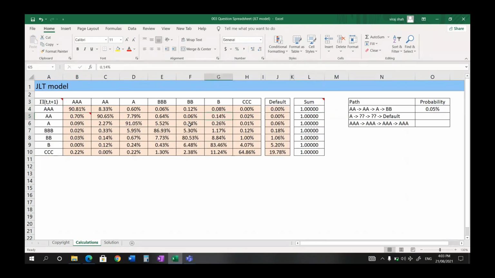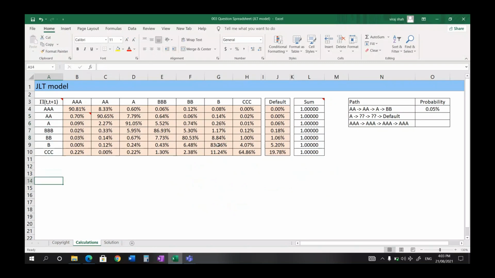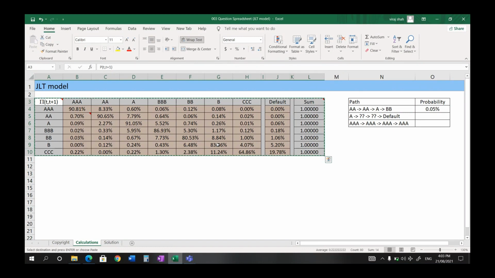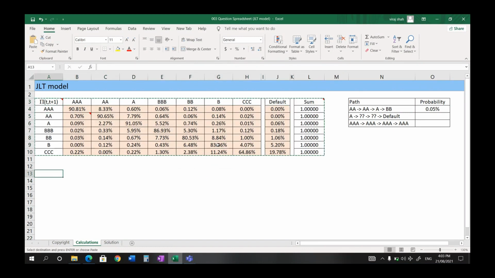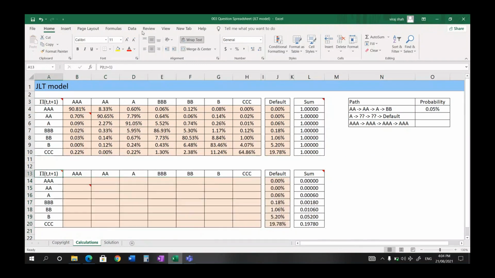Okay, so cool. Now this is your matrix multiplication, you have to matrix multiply for pi 2. I will just copy paste this, Control C, Control V. So basically how to solve for these values: matrix multiplication, because you are going from time 0 to 2, so it would be nothing but multiplying this twice to get the answer.